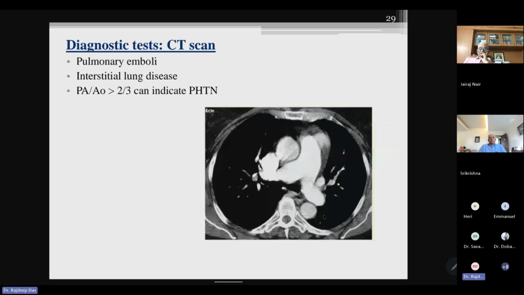The CT scan of the pulmonary arteries may indicate the etiology of the disease. It may show a pulmonary embolus, and may further show lung disease, any interstitial lung disease. The pulmonary artery size will be enlarged, which can indicate pulmonary hypertension.